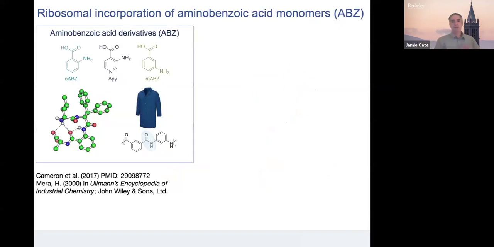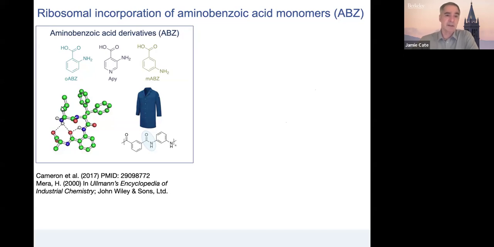I'm going to give you an example of how we want to change the chemistry, and that's the possibility of incorporating these types of chemical monomers called aminobenzoic acids. I'm showing these here. As opposed to normal amino acids in proteins, these have this aromatic ring in the middle. By having this ring in there, it gives these monomers, when they're in polymers, different properties.